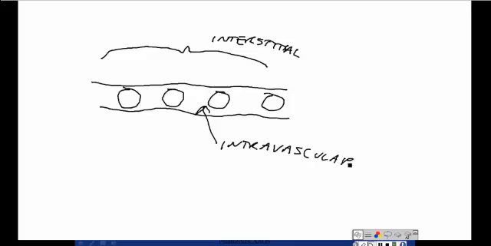Here's where it becomes interesting, because now we don't only have to worry about water moving in and out of the red blood cells, we also have to worry about water moving in and out of the intravascular space.